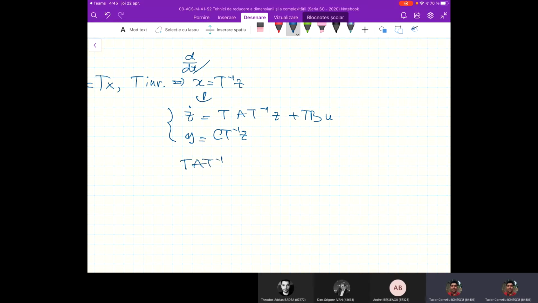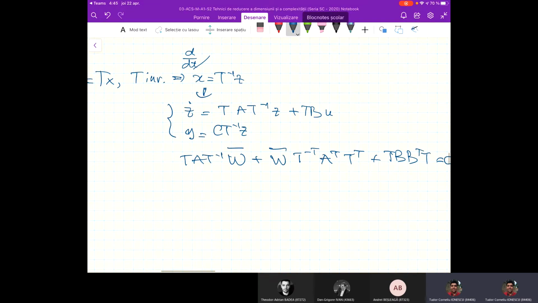I don't know how to call this. The new Gramian W bar: T A T inverse W bar plus W bar T A transposed T transposed plus T B B transposed T transposed equals 0.